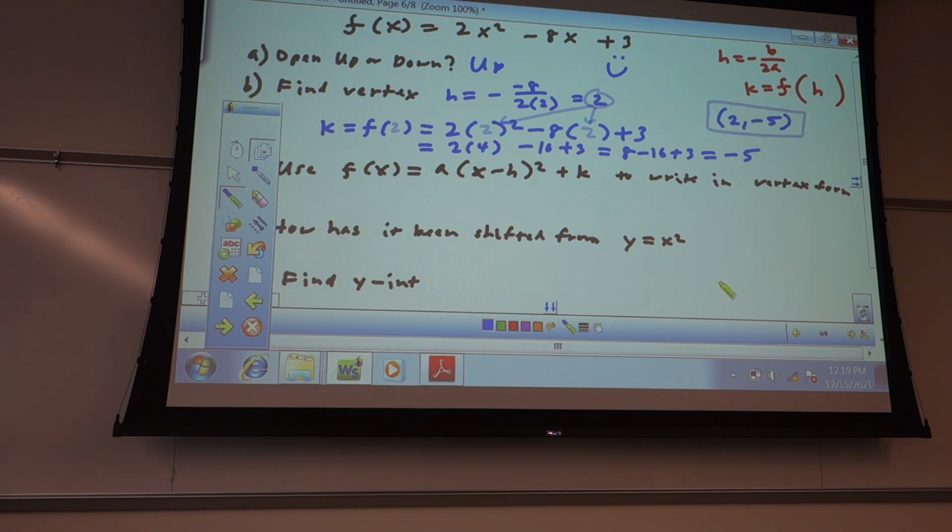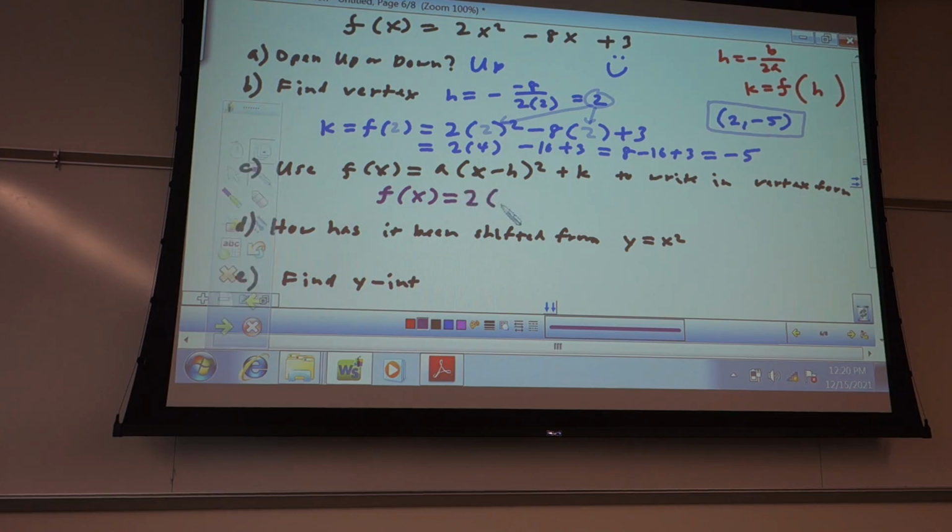Good. All right, so then use f of x equals. I'm writing in vertex form, I'm just going to rewrite this. F of x equals, what's my a? 2. What's my x? Well, just write x, because x is your variable. Minus h, what's my h? 2, squared, plus, what's my k?